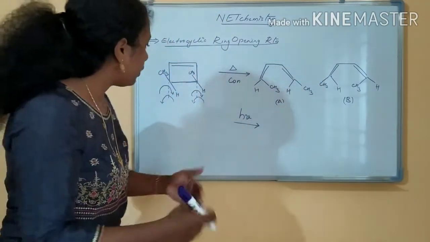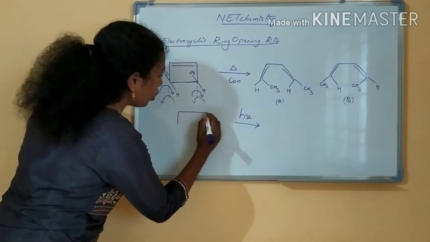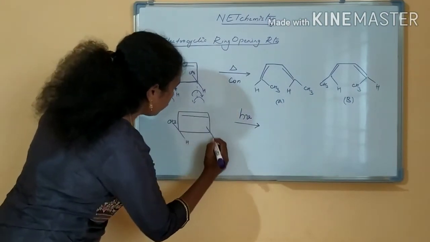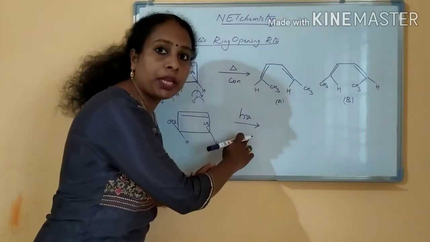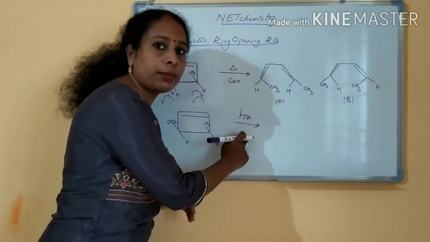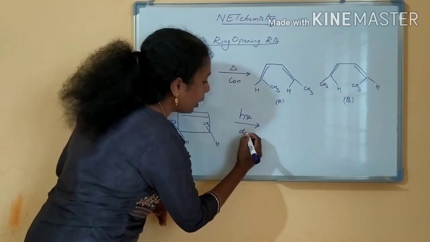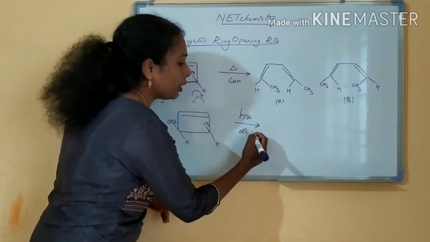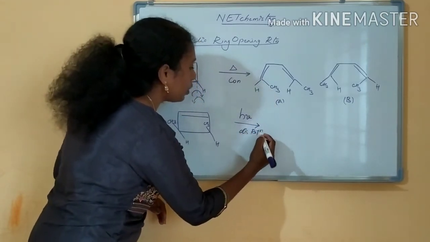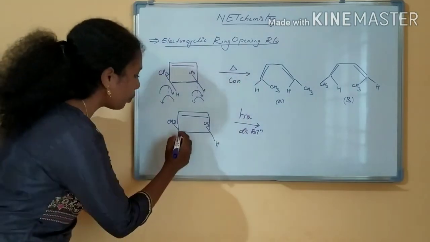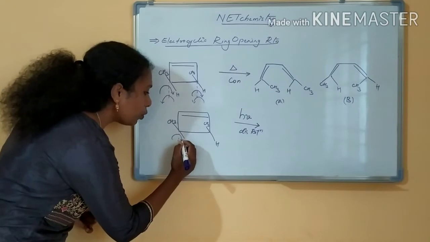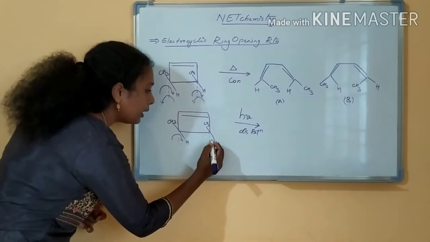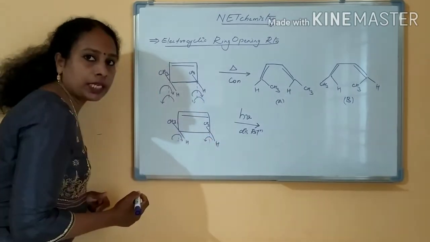Now come to the photochemical condition, cyclobutene. Under photochemical condition, which rotatory mode gives the symmetrically allowed product? You are getting the symmetrically allowed product by disrotation, right? So I am doing a disrotation here. One bond is in the clockwise direction and the other is in the anti-clockwise direction, correct?